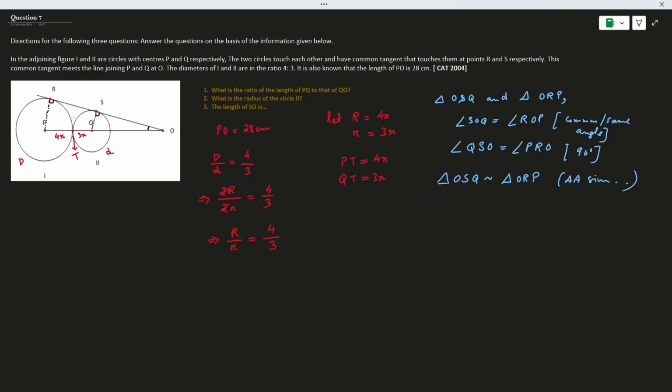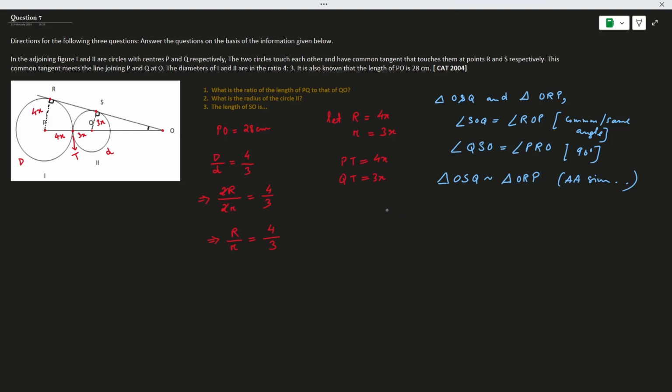So now this is the radius, right? PR is also a radius, so this is 4x. And QS is the radius, so this is 3x. Since the two triangles are similar, the ratio of their corresponding sides will also be equal to each other.